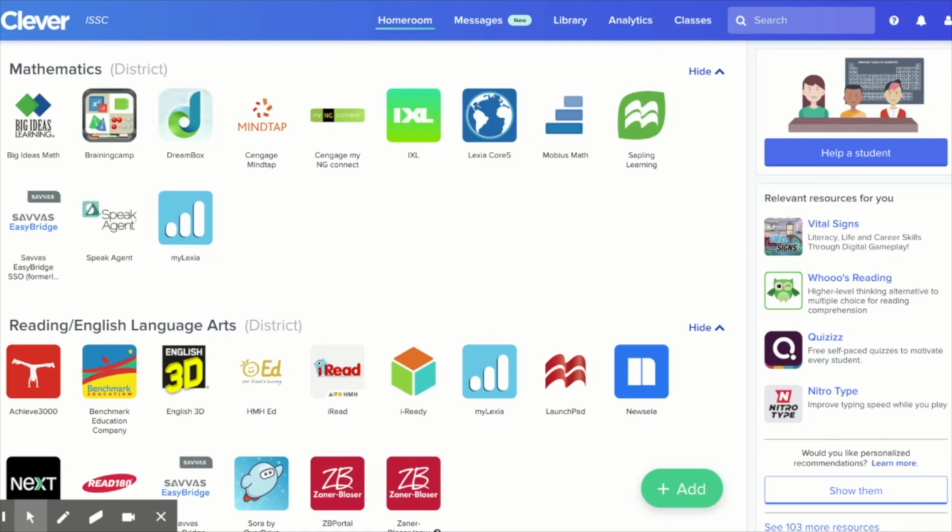In order for your child to sign in through Clever, they just have to sign in with their ID and their password, just as they would log on to their Chromebook or their email, or to Google Classroom or anything else that your child's teacher has asked them to sign on to. In Clever, there's a bunch of different resources that are paid for by the county.